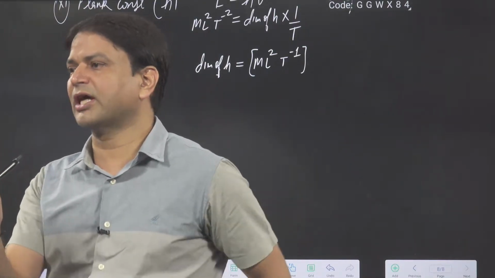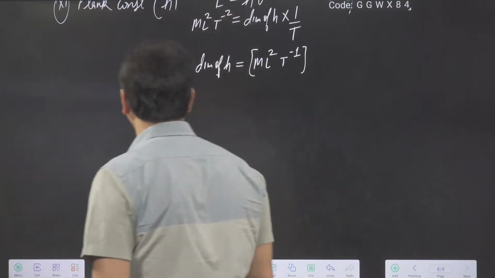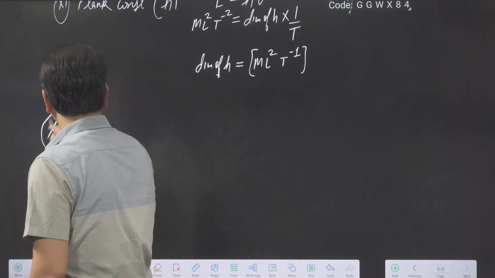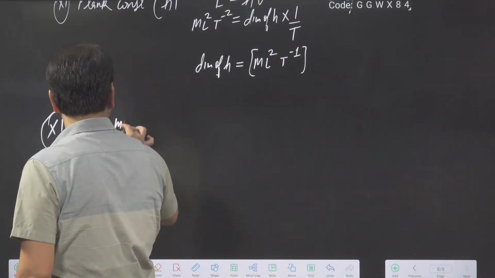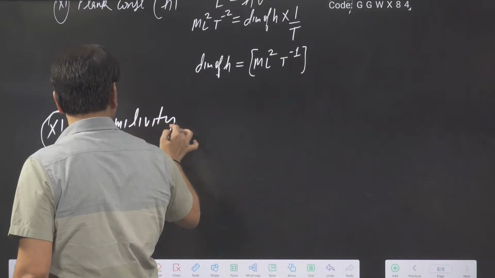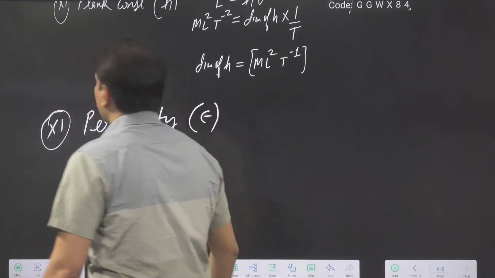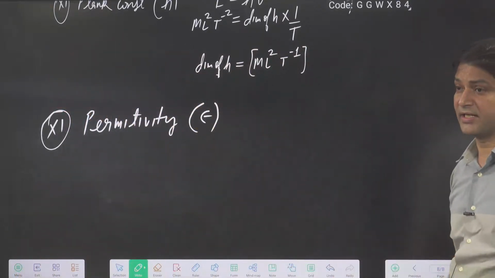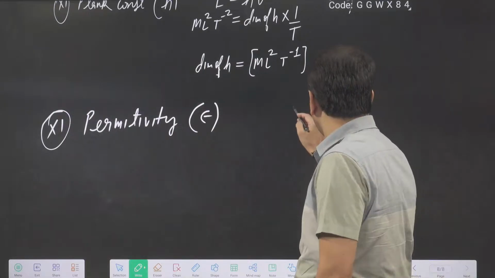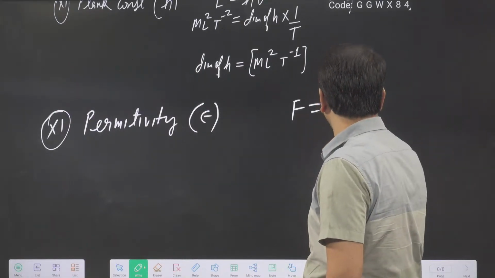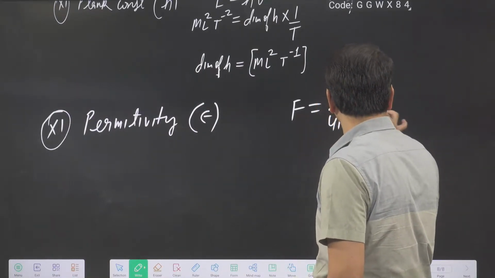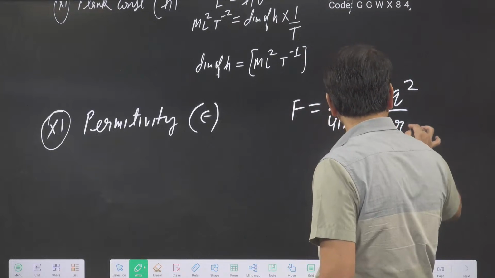Otherwise, we use the Coulomb's law to get the dimension of epsilon. So permittivity, in which formula are we getting that? Its simplest formula is what? Coulomb's law: 1 by 4 pi epsilon into q square by r square.